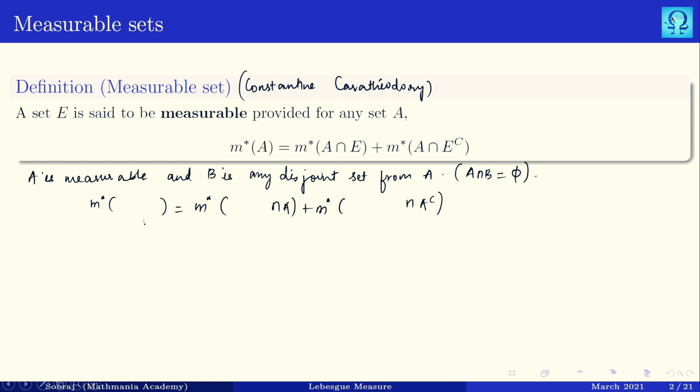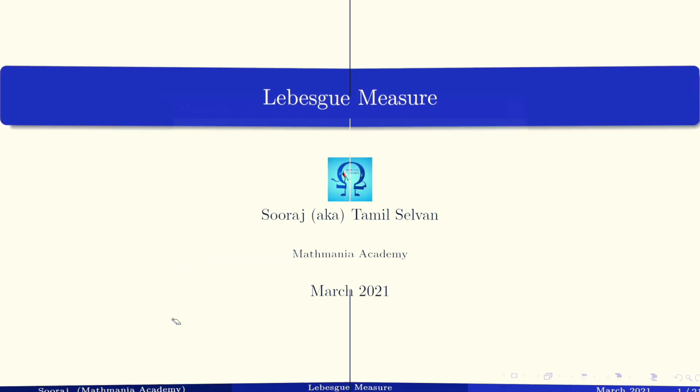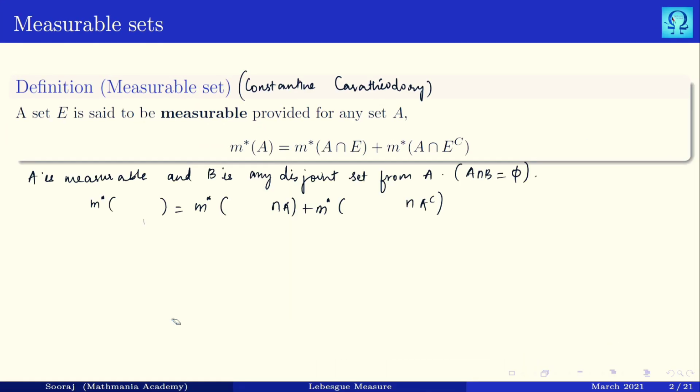What are we trying to prove? In this inequality, equation 1, we have the strict inequality. The strict inequality may be replaced with equality if the set is measurable. That is what we are trying to prove now.